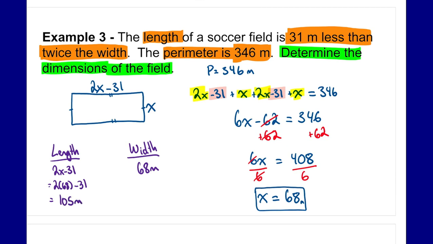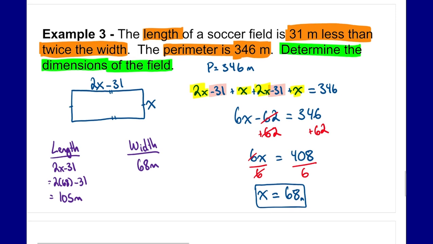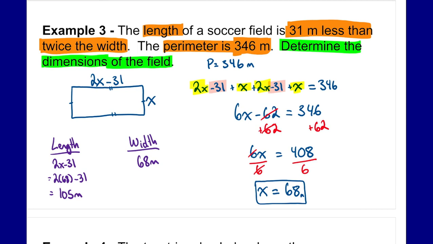So therefore, the length is 105 meters and the width is 68 meters. So those are my dimensions of this field. So we had to create an equation, solve it, and then use that answer to substitute back into our dimensions or our expressions that we came up with to finally answer the question.